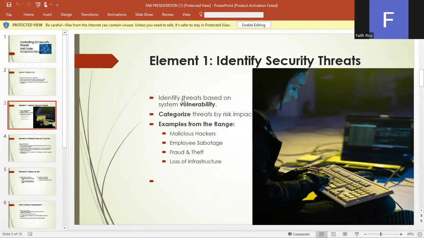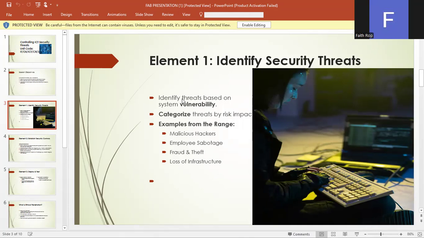Okay, in basic knowledge, what is a malicious hacker? Ivy or anyone can say. Who is a malicious hacker? We have these examples: malicious hacker, employee sabotage, fraud and theft, and loss of infrastructure as examples of risk in the security system.